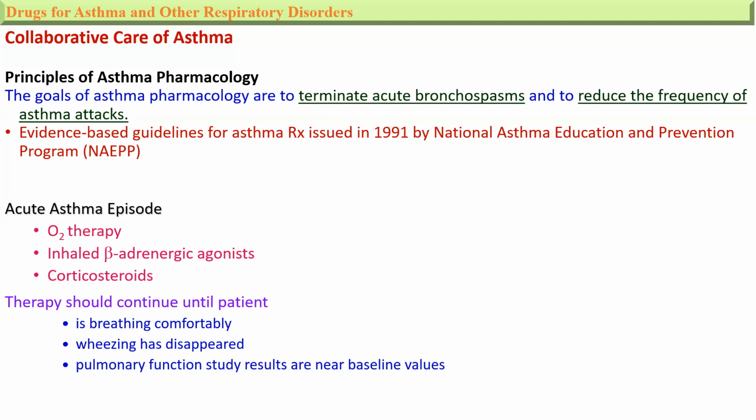Corticosteroids are indicated if the initial response is insufficient. Therapy should continue until the patient is breathing comfortably, wheezing has stopped or disappeared, and pulmonary function study results are near baseline values.